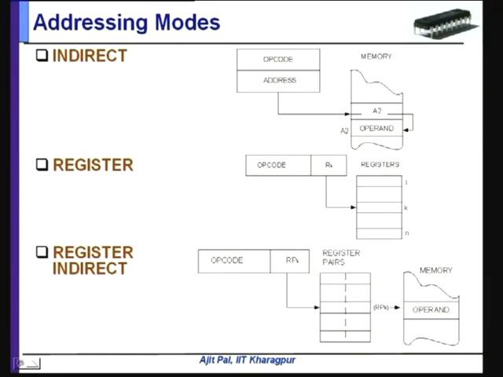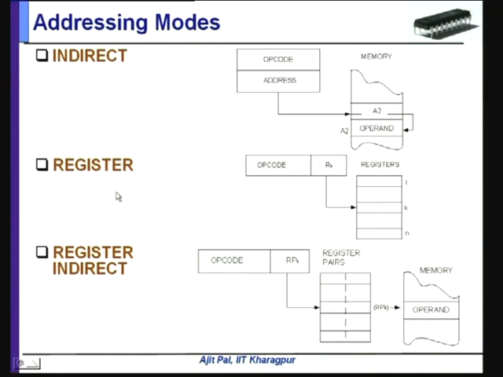As you can see here, this is the address, but it does not contain the operand. The address contains the address of the operand. So, you have a kind of indirection. This address is pointing to another memory location, A2, which is the address of the operand, and so again you have to read from the memory location A2 to get the operand. This is known as indirect addressing, essentially to provide a little bit of flexibility in addressing.